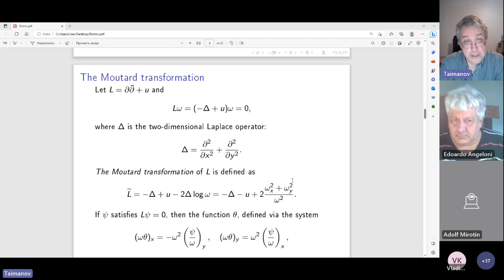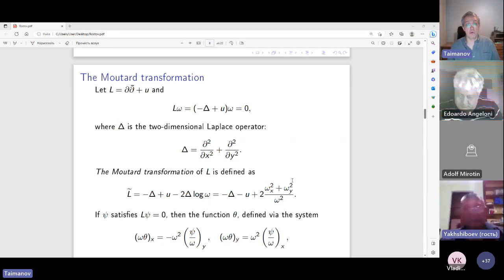So let's take this L as a two-dimensional Schrödinger operator, Δ plus u, and assume that L omega equals 0, where Δ is the two-dimensional Laplace operator.